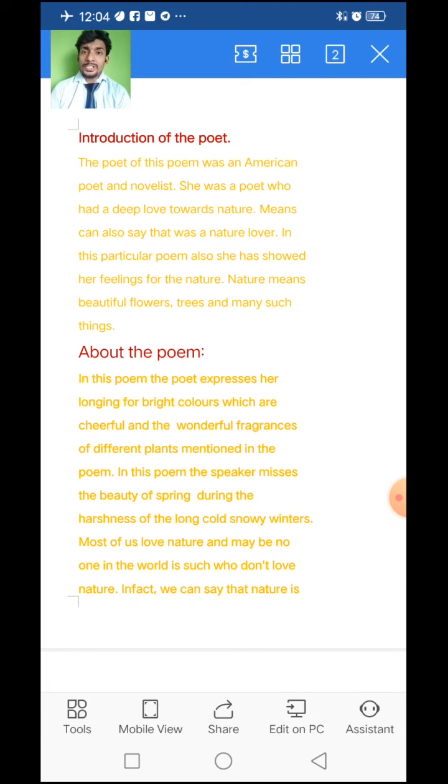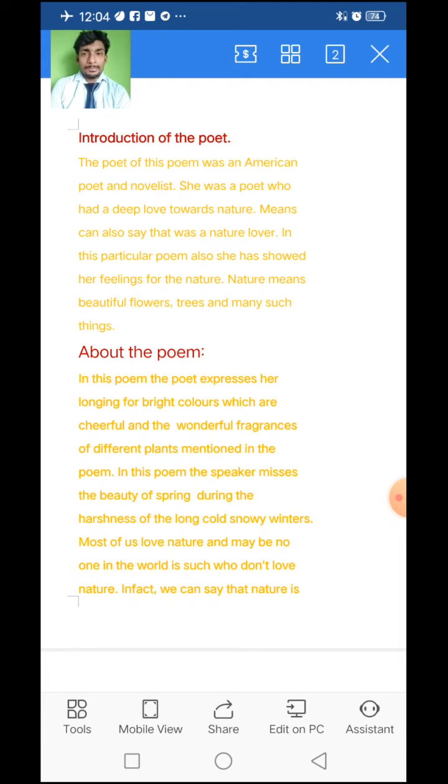Then I told you that she was a poet who had a deep love towards nature. She used to love nature a lot. For her, the love of nature was greater than anything else. We can also say that she was a nature lover. I told you this earlier.